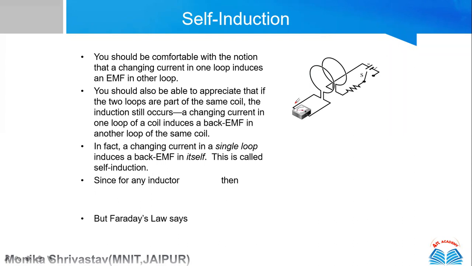So we are able to appreciate that if the two loops are part of the same coil, the induction occurs, and a changing current in one loop of the coil induces a back EMF in another loop of the same coil.